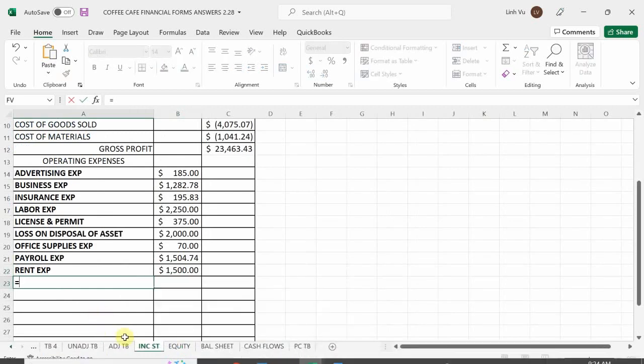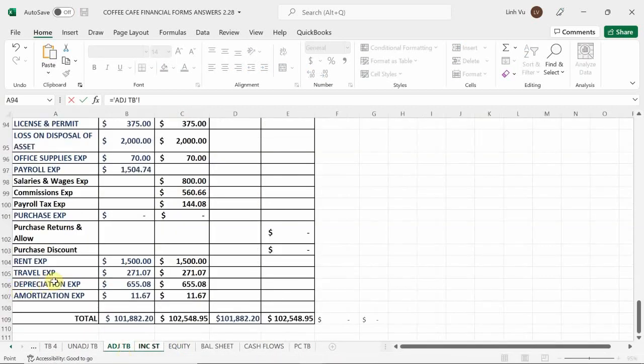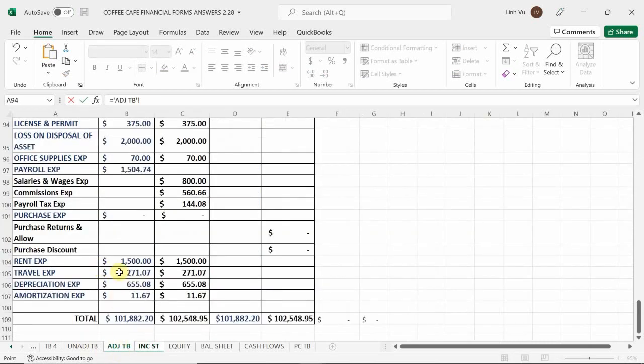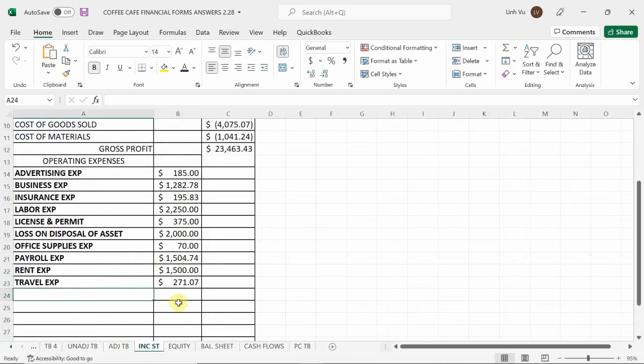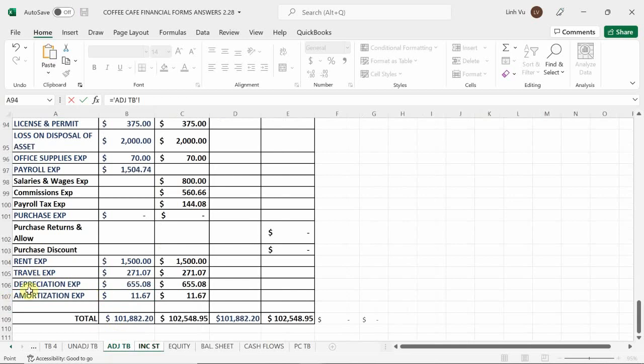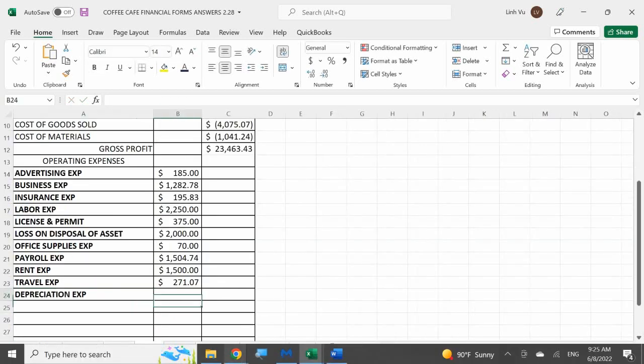I also had some travel expenses, right? To pay for the gas to deliver all of those sales to my customers, okay? And let's see, I also incurred again some depreciation expense, right?